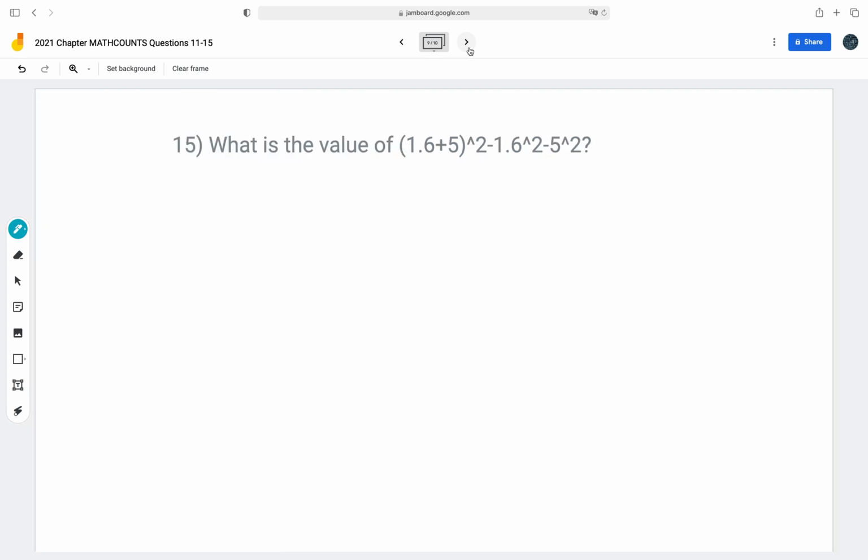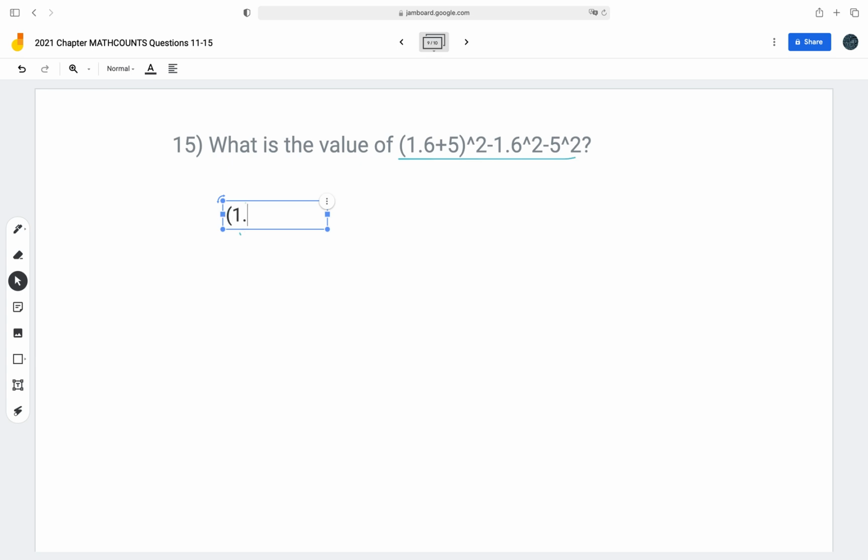What is the value of the quantity 1.6 plus 5 squared minus 1.6 squared minus 5 squared? Okay, so you could probably find the squares, but we want to find the most effective way possible. So 1.6 plus 5 squared. You know what? Let's just use a text box.